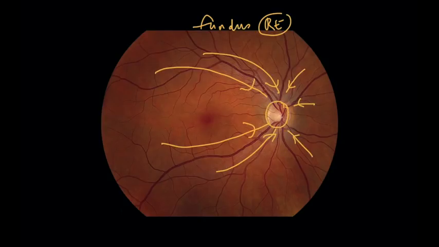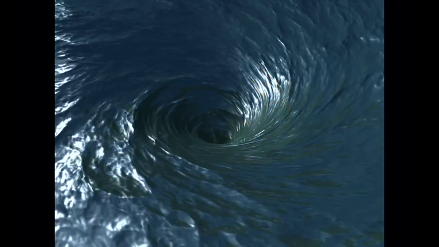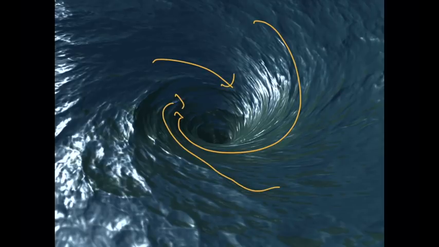This optic disc is the superficial portion of the optic nerve. That's what we see. It's like a whirlpool where all the optic nerve fibers eventually converge into this optic disc. So that is the concept you have to understand.